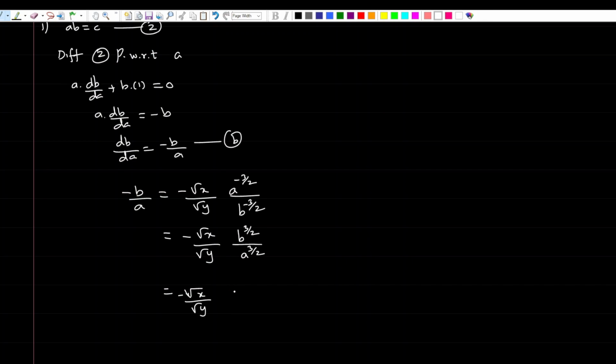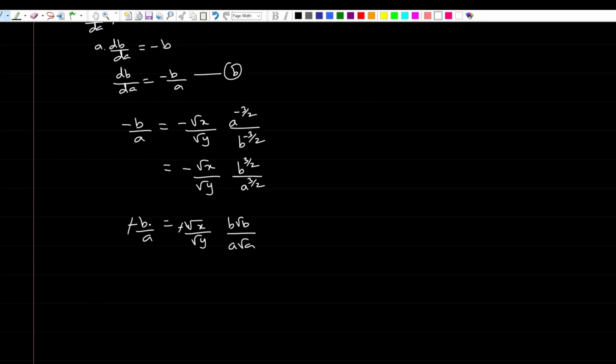We can write b power 3 by 2 as b root b divided by a root a. Here we are having minus b by a. See, this minus and minus will get cancelled. Therefore, also this b and b, a and a will get cancelled.